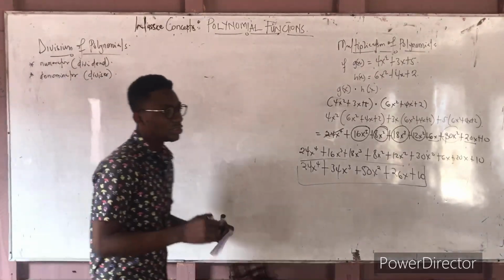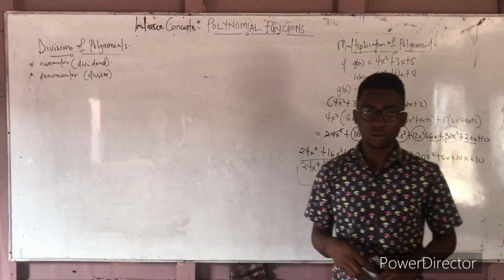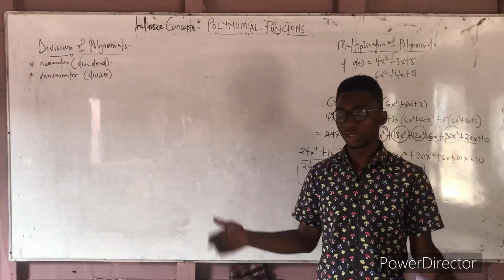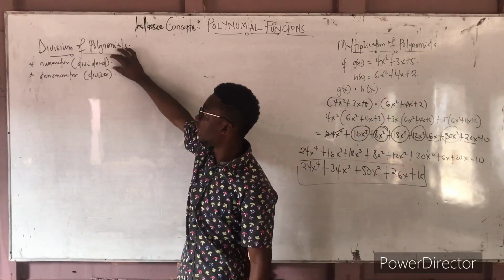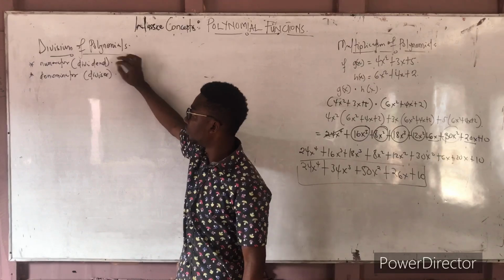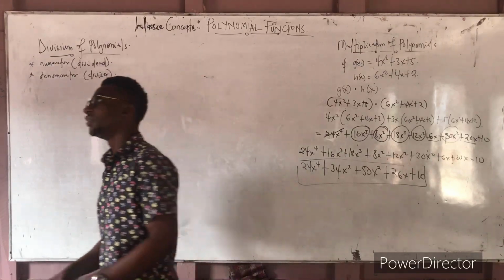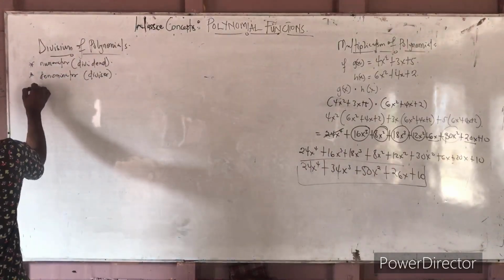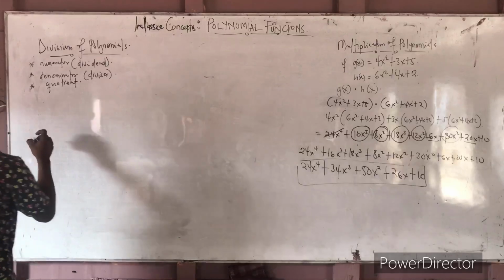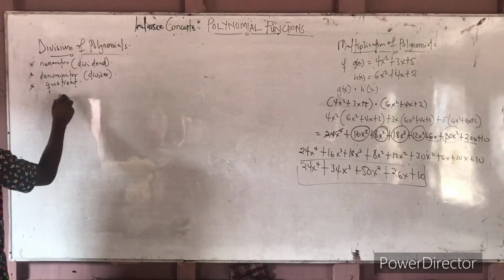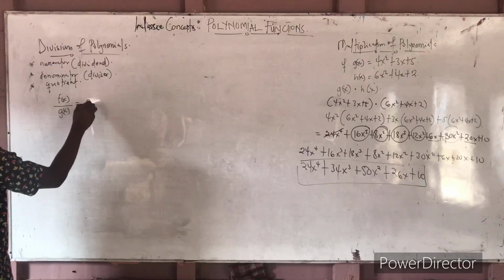So with the division of polynomials, we'll be using the idea of the long division method. And you know that you always have a numerator, and the numerator is called a dividend, and you have a denominator, which is also called what? The divisor. And after you are done with every long division method, you get what? A quotient. So when you have a dividend, let's say f of x divided by a divisor, the answer you get will give you what?